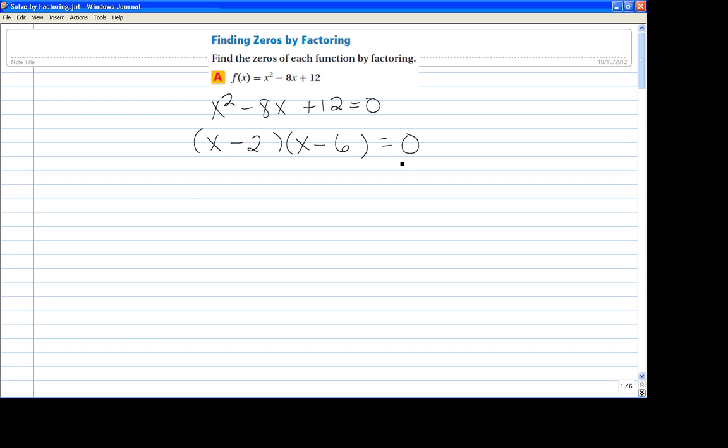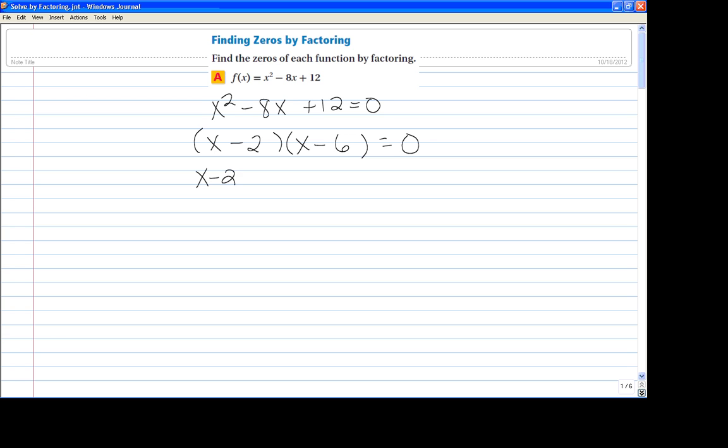Now that I've factored these, I'm going to set each of them equal to 0. The reason being is because to have a product of 0, at least one of these things would have to be 0, because the only way to get 0 is 0 times another number. So at least one must be 0.